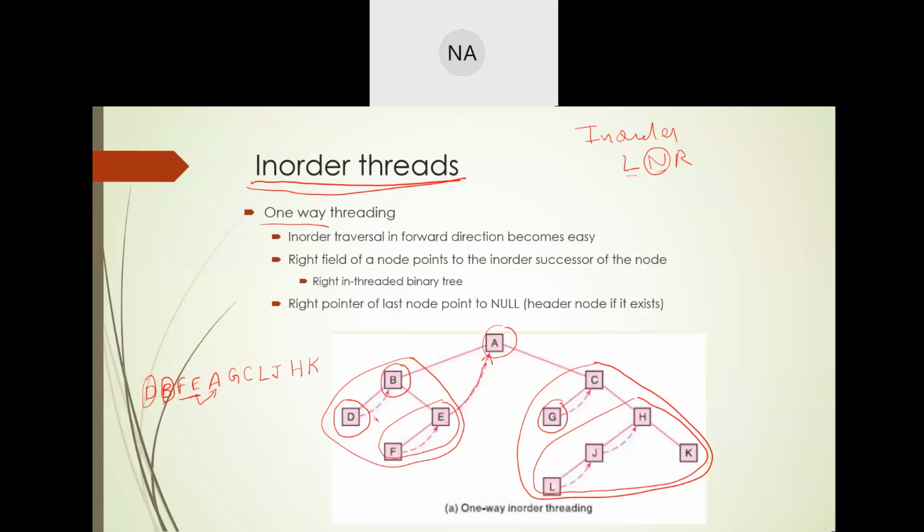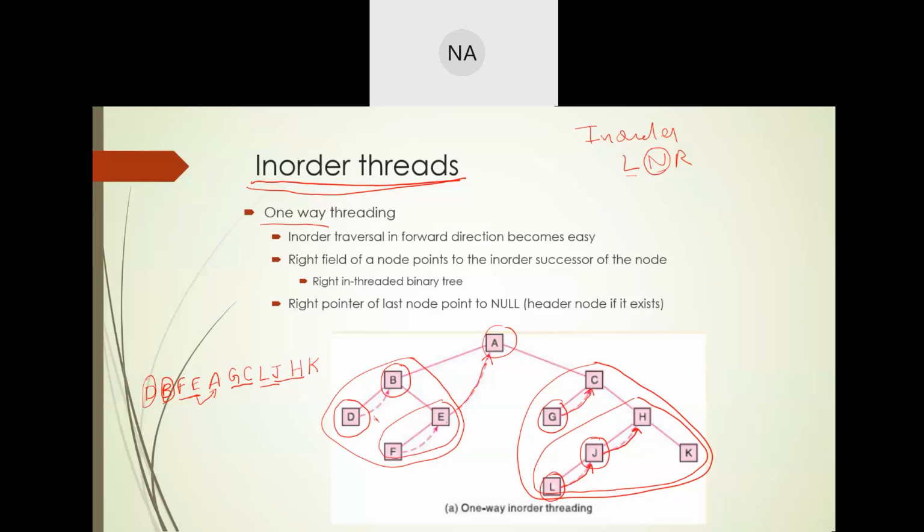At node G, the in-order successor is C, so you can store an in-order thread which points to C. At L, the thread points to J. At J we also don't have a right subtree, so H is the in-order successor, and this thread points to H, right?